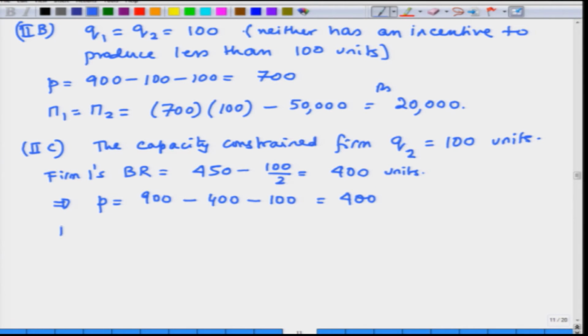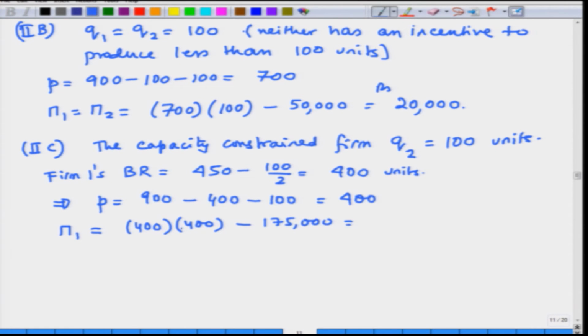So, that implies that the firm which is not capacity constrained, firm 1, has a profit of the price, which is 400, times the quantity that it produces, which is again 400 units, but then it incurs a fixed cost.